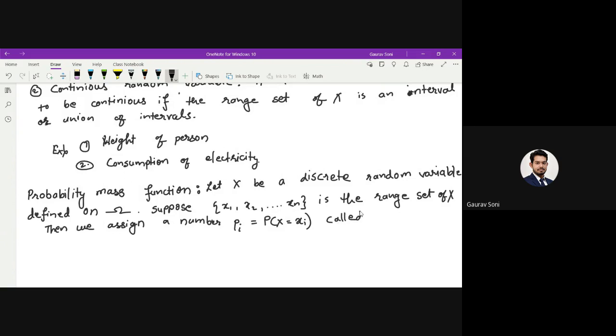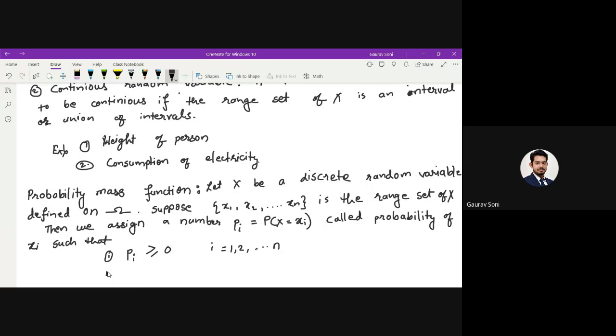Such that the first condition: probability of xi, or simply pi, let's use this nomenclature. pi is greater than or equal to 0 for i equal to 1, 2 up to n.